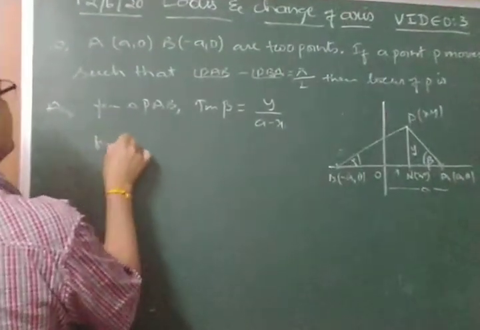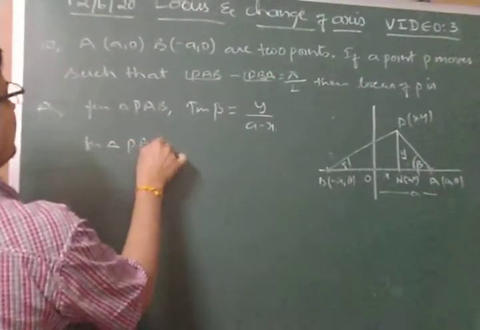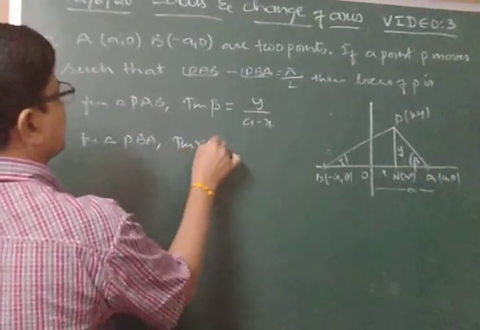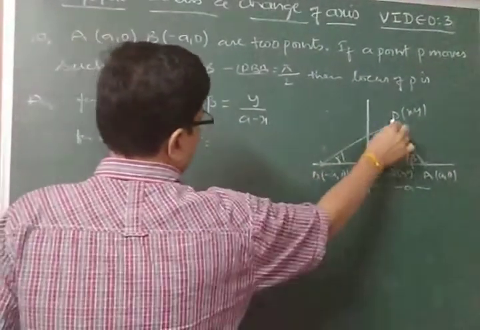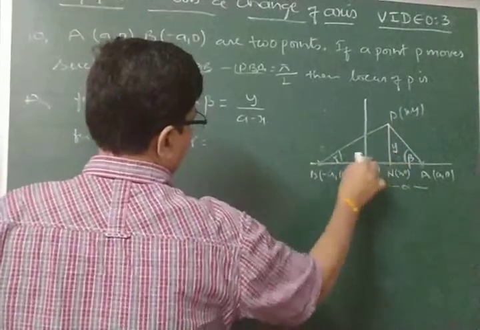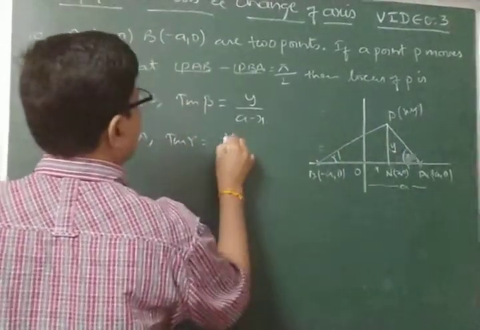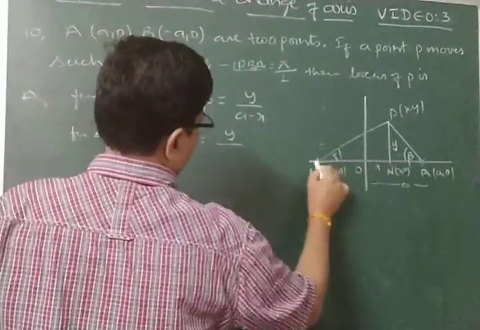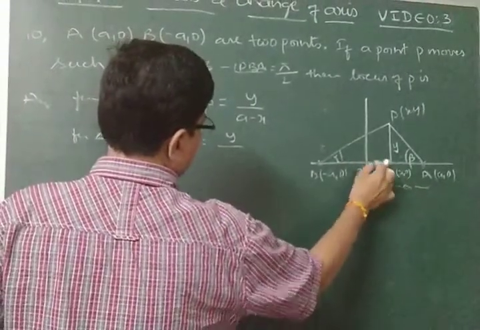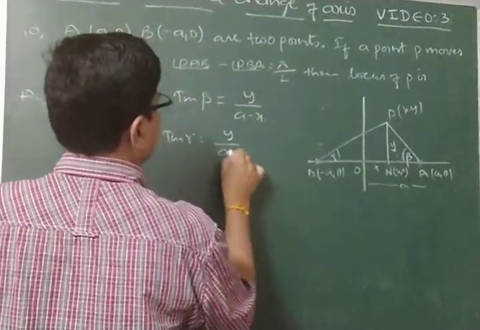And from triangle PBA, tan gamma is equal to, from this right angle triangle, the opposite side y by BN. BN means this is x and this is a plus x.